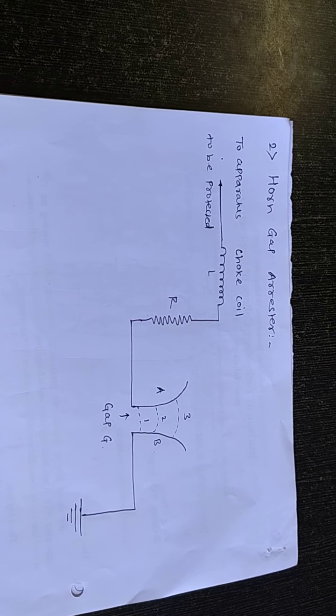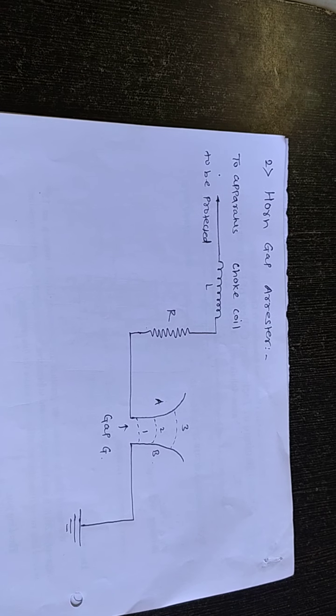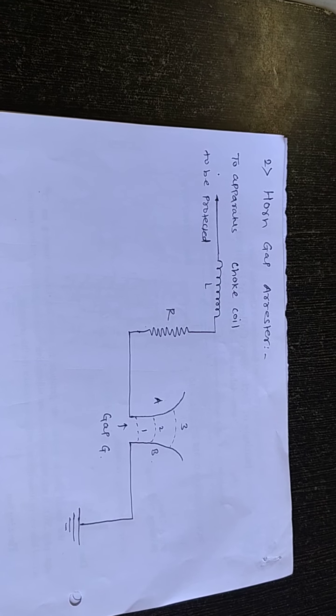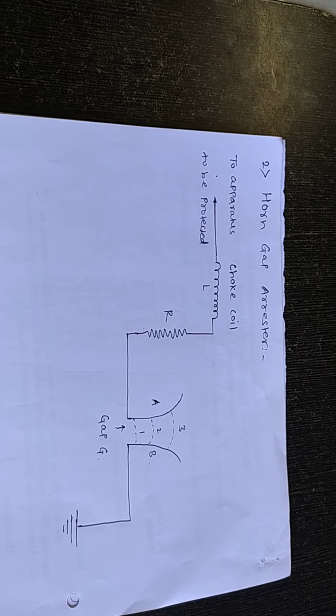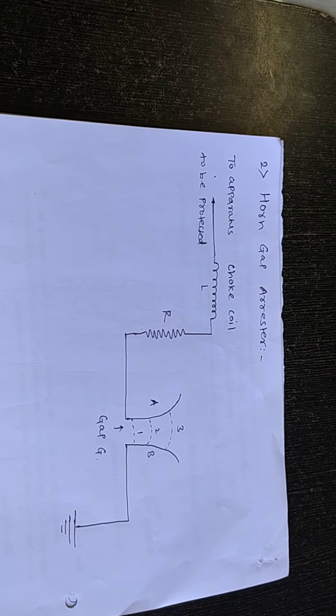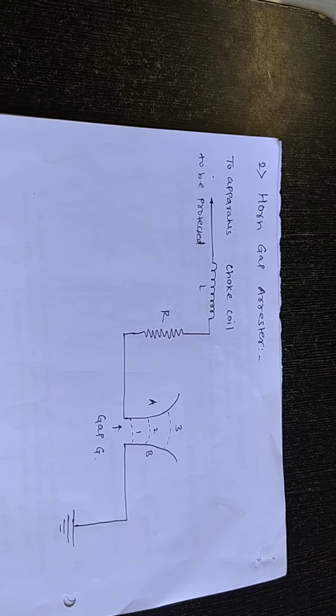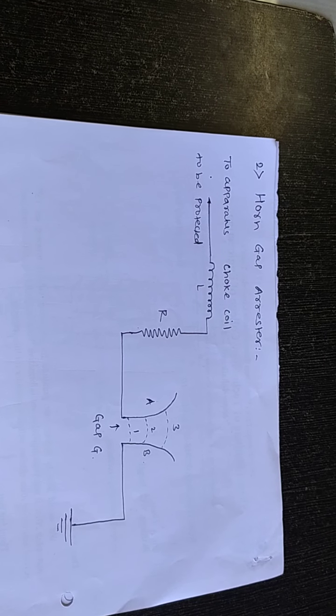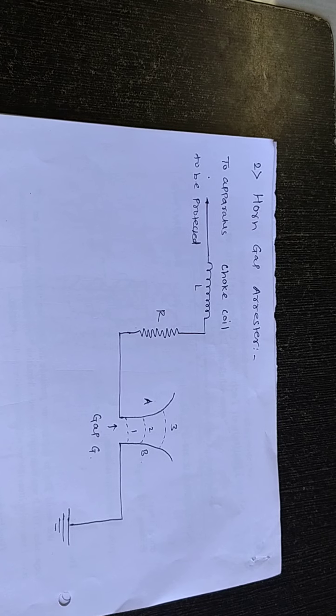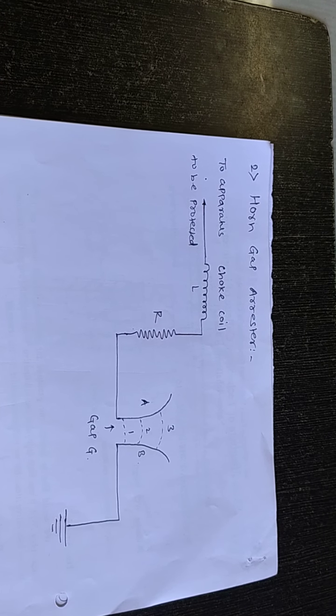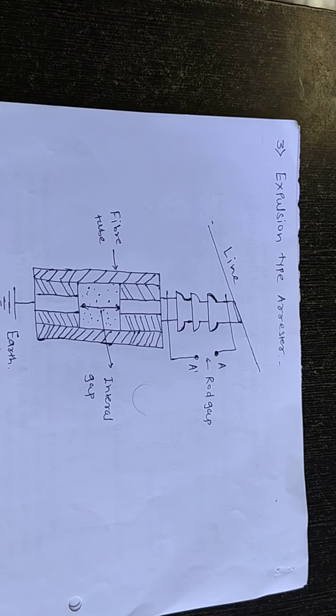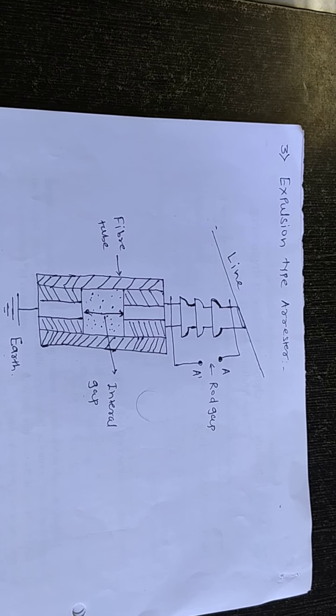When an overvoltage occurs, a spark over takes place between the gap and the surge current flows through the ground. The spark in the gap G moves in the upward direction, the length of the arc goes on increasing and the arc vanishes.